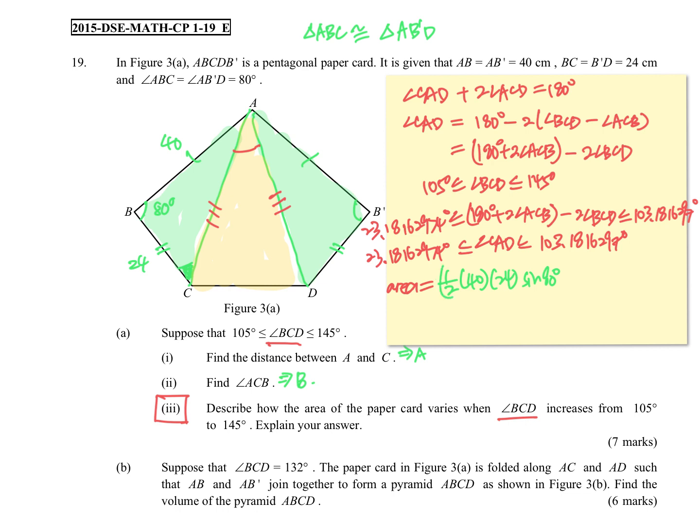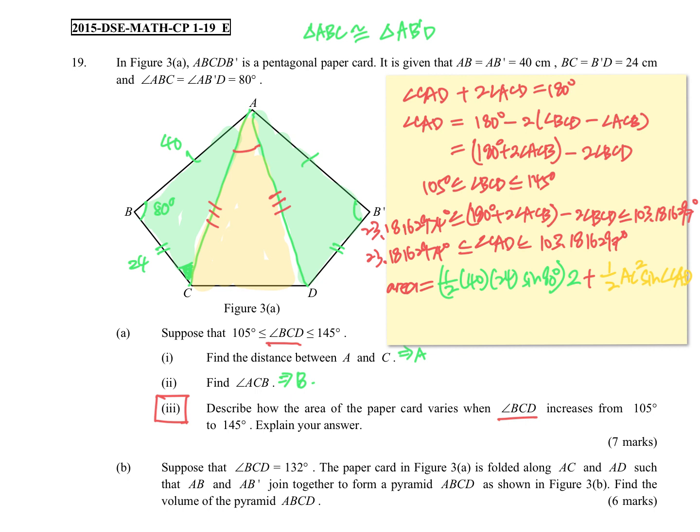Then we have 2 of them, and then plus the yellow part: 1/2 AC squared sine angle CAD. Only the second part will be the variable part.